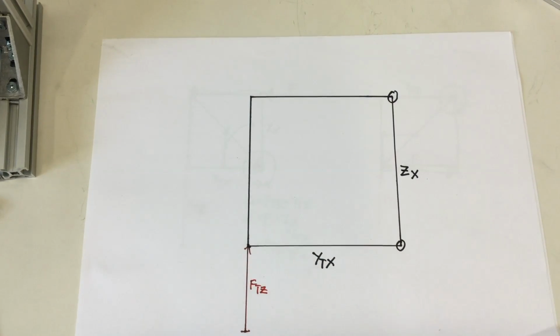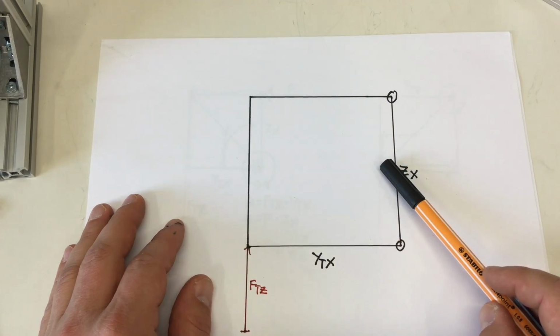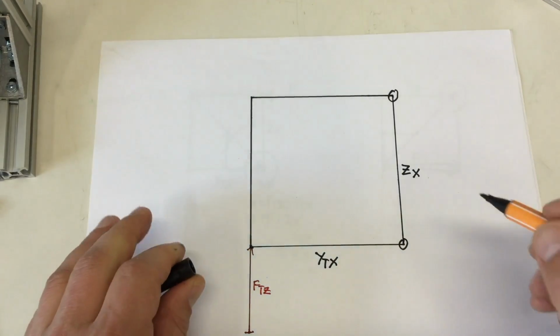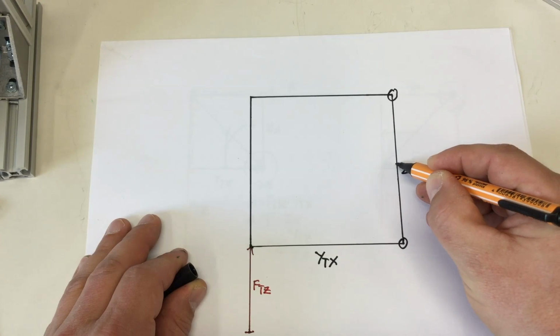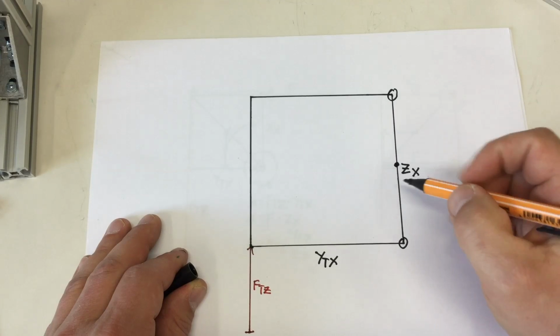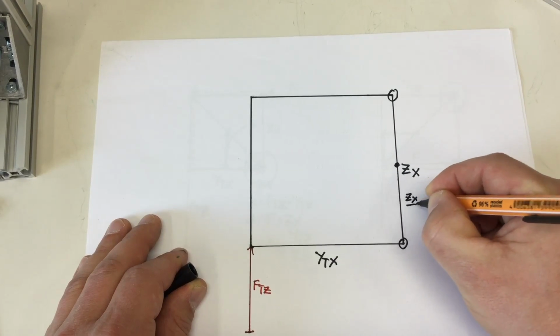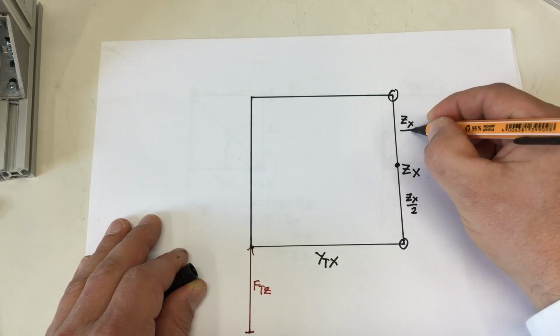What you are allowed to do in statics when you are calculating momentums is you can basically freely choose what's your center of rotation. And again, this is another shortcut. We choose our center of rotation exactly in the middle of our two X bearings. So basically this is ZX half and this is ZX half.